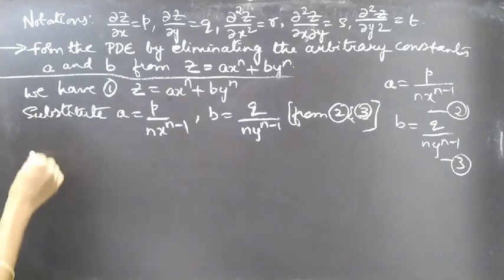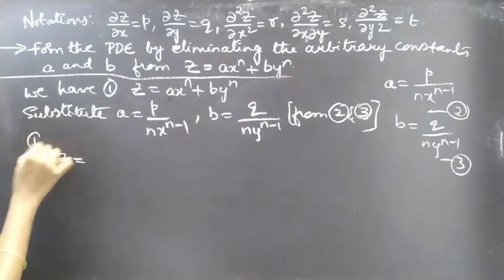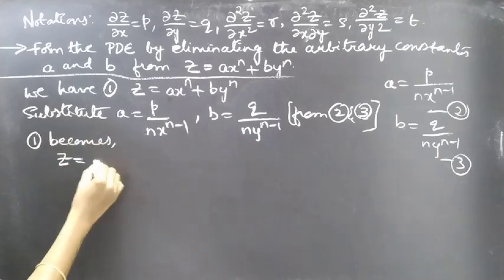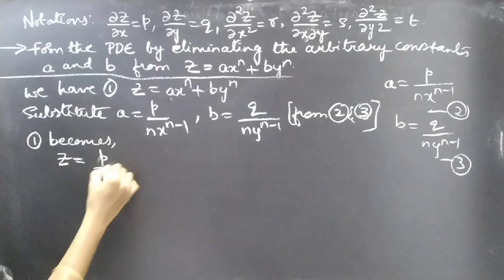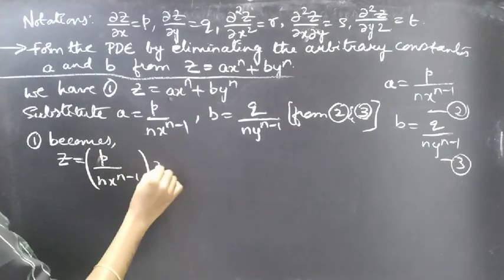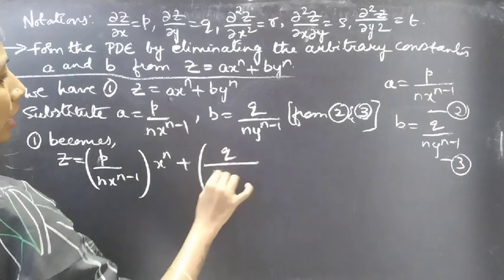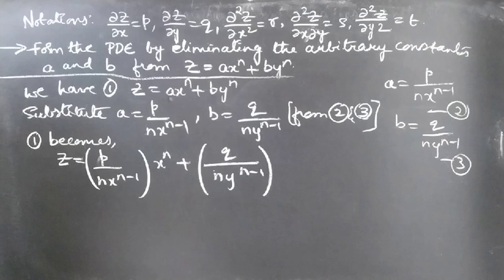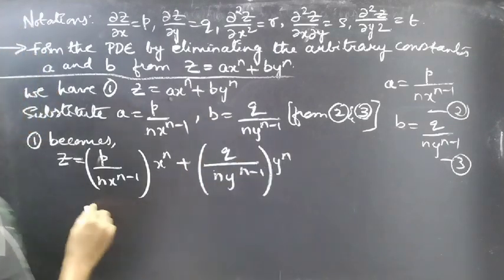Right? Then 1 becomes, just replace a by this, we'll get p by n into x power n minus 1 into x power n, plus replace b by the expression q by n into y power n minus 1 into y power n.